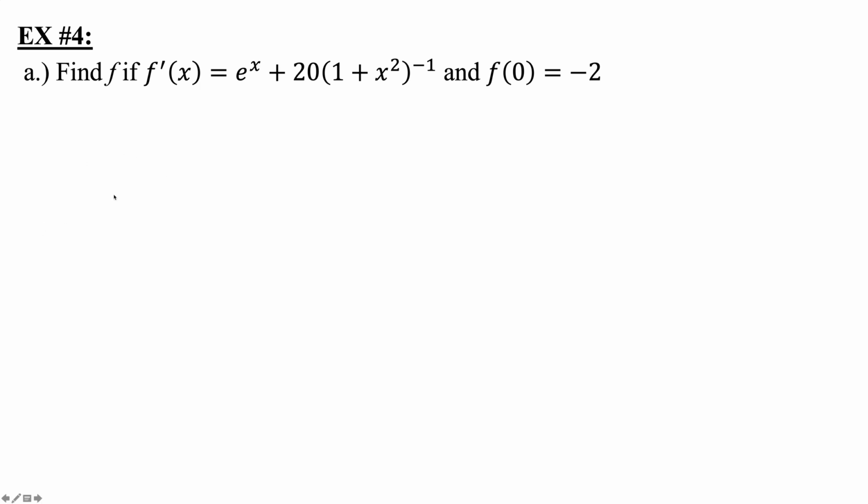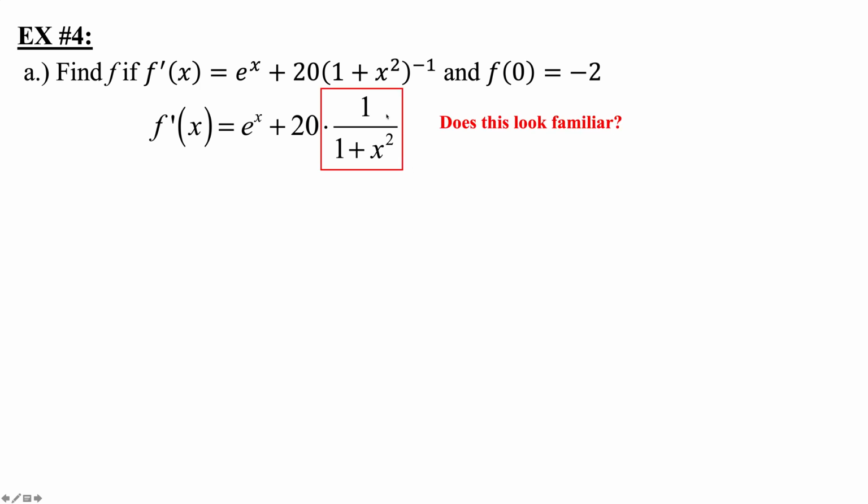All right, well, e to the x will be straightforward because remember, when I take the derivative of e to the x, it's still e to the x, so that's not going to change when I do its antiderivative. But here, we're going to move this into the denominator, get rid of the negative exponent, because whenever I see 1 plus x squared, I think of that special derivative for the inverse tangent of x.